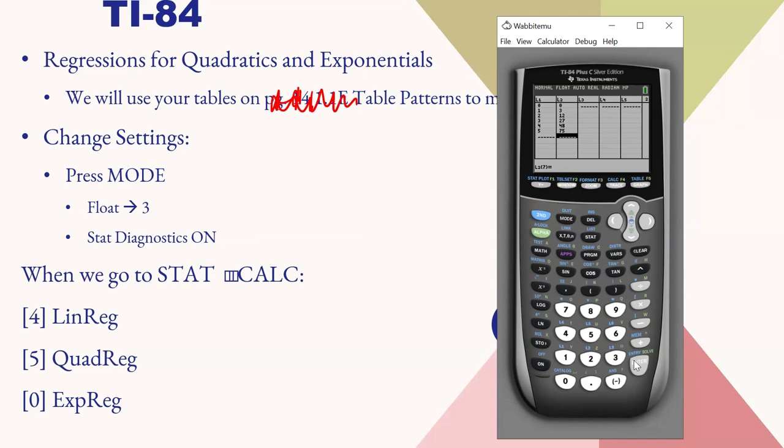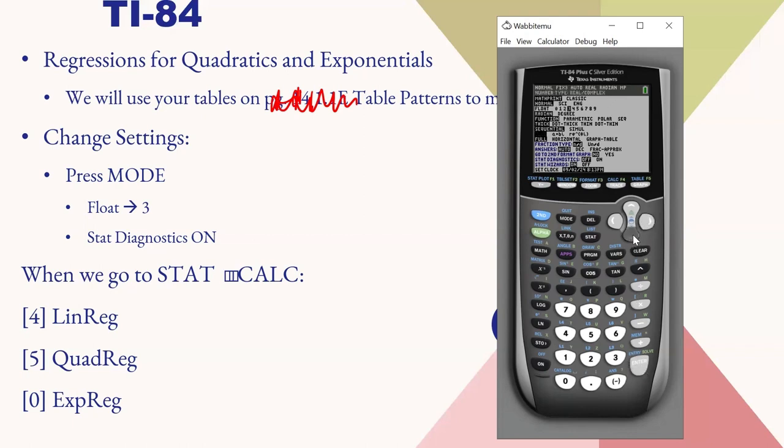Okay, so again, I put in my values under stat edit. After I put in my values, I'm going to change the settings of my calculator. I'm going to mode. I'm going to go where it says float and I'm going to lock it in at 3.